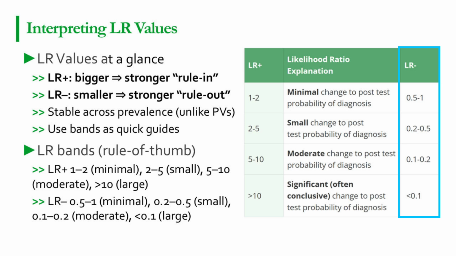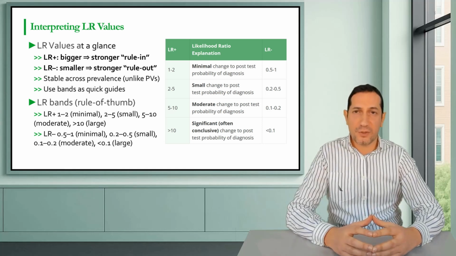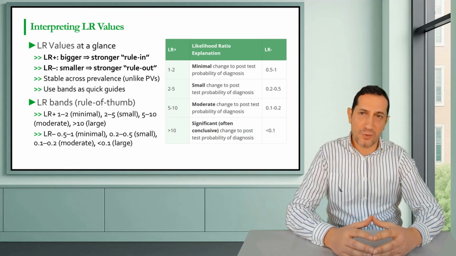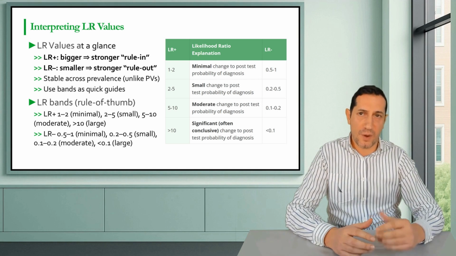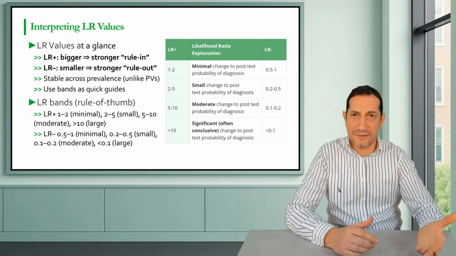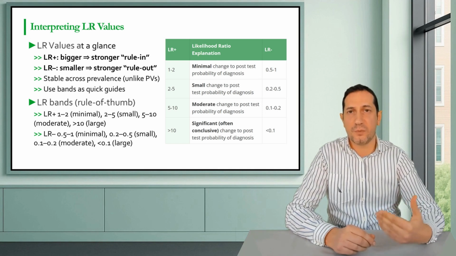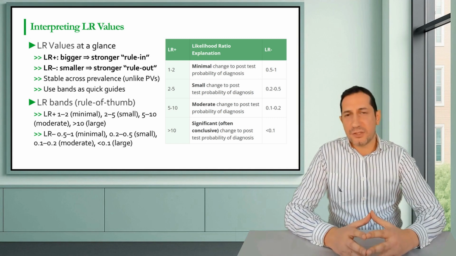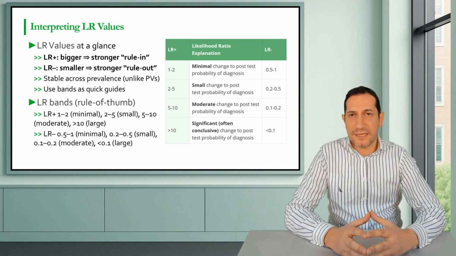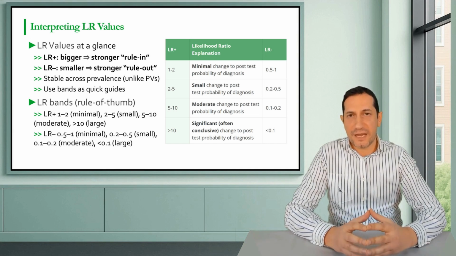A test with a small to moderate change may lower suspicion but remains inconclusive. Ultimately, a test result with a negative likelihood ratio less than 0.1 provides a significant change, allowing the veterinarian to confidently rule out the infection and certify the animal as safe for the rest of the livestock.